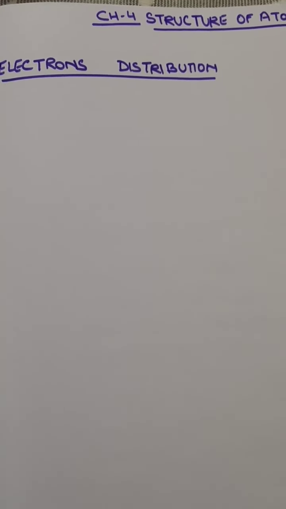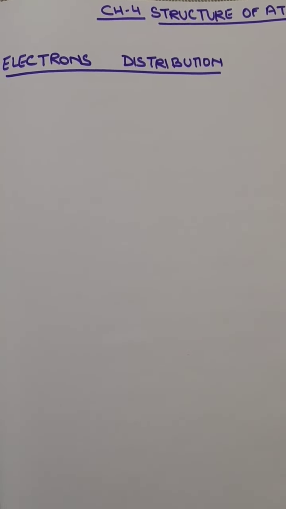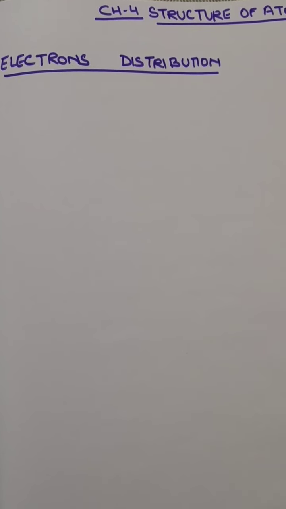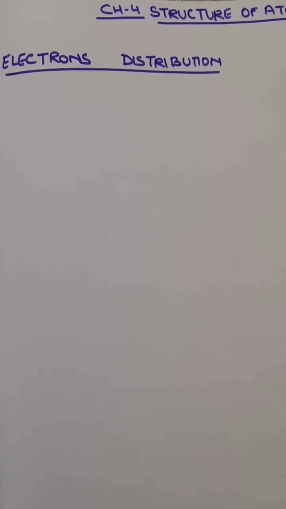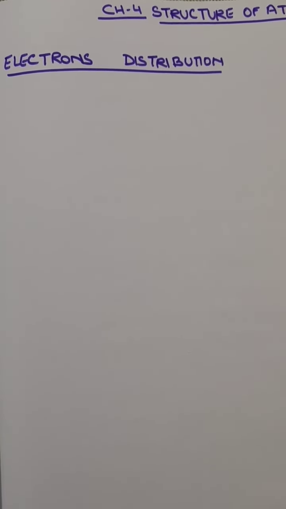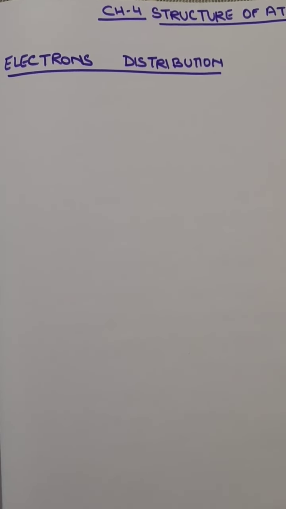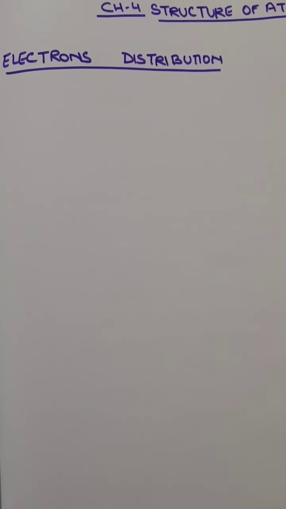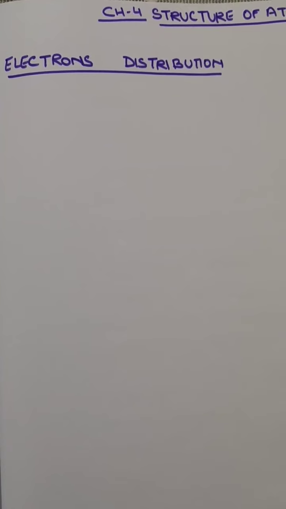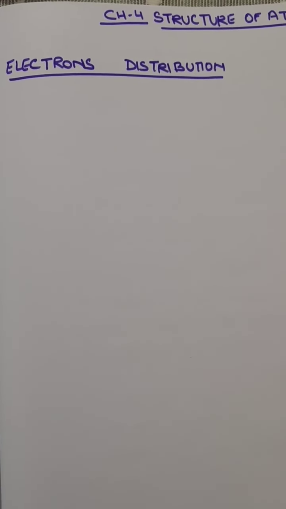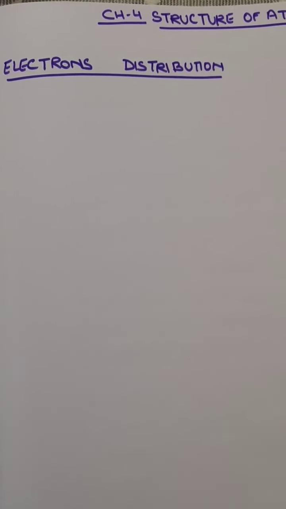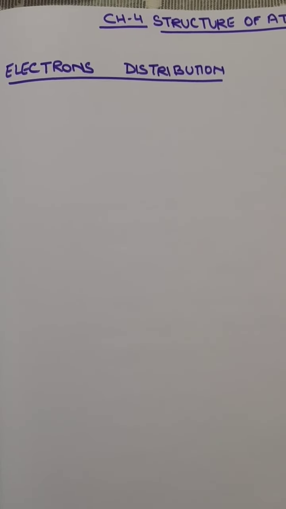Generally, we say this was given by Niels Bohr and another scientist called Bury. So Bohr-Bury gave a theory in which they explained the distribution of electrons in the orbits.